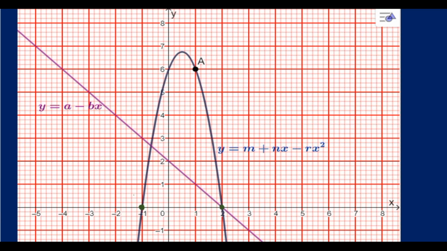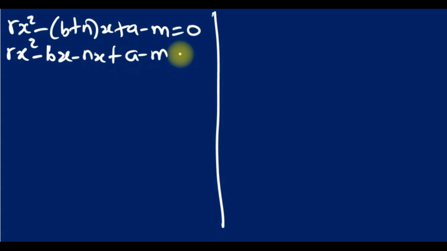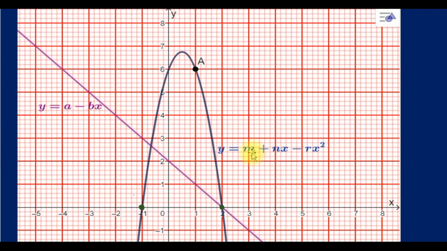Okay, let's open up the bracket. This is what we are asked to use the graph to solve. Let's open this up. We have rx squared. Expand that, we now have minus bx minus nx plus a minus b equal to 0. And remember, in the graph, what we have is plus m plus nx and minus rx squared.